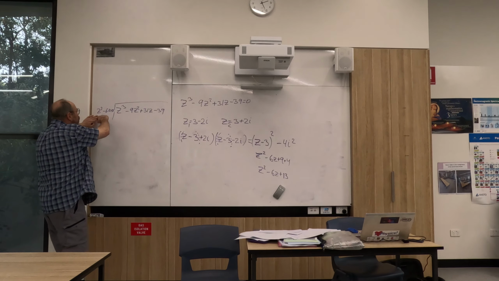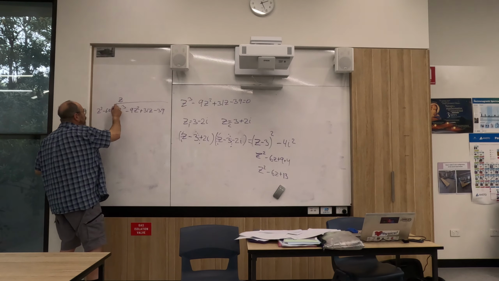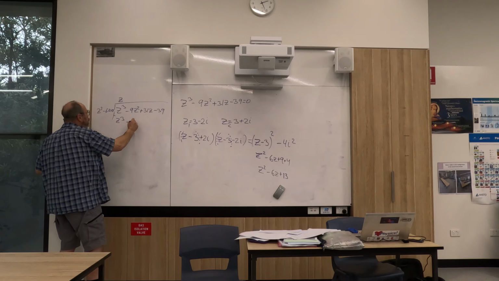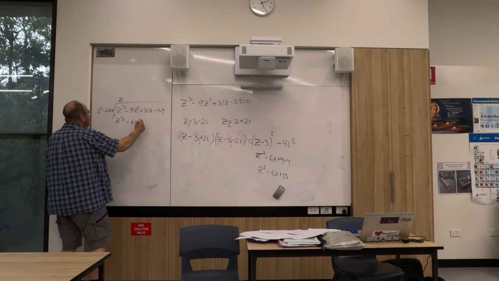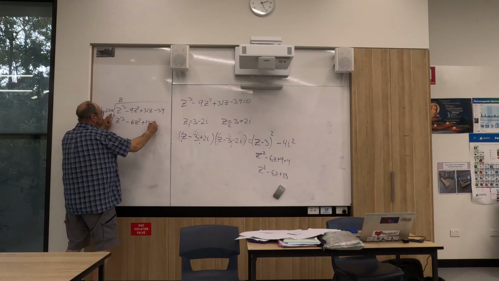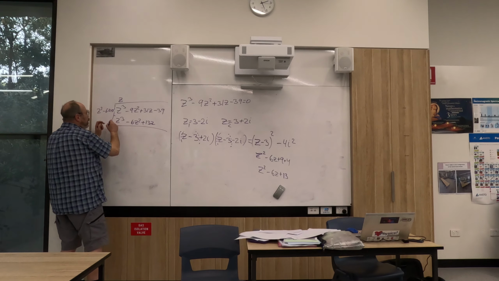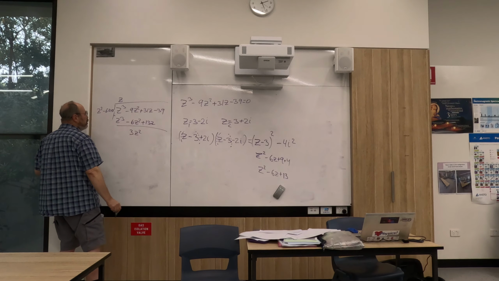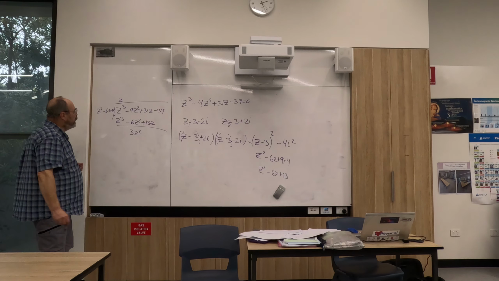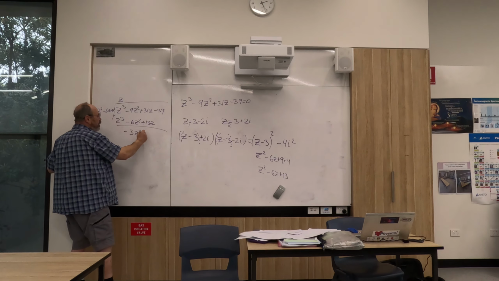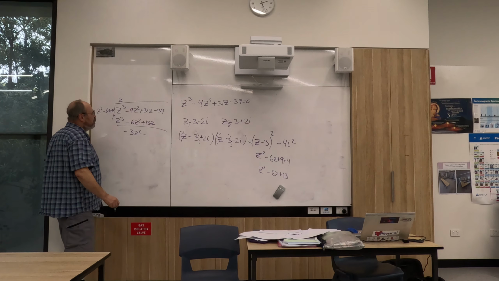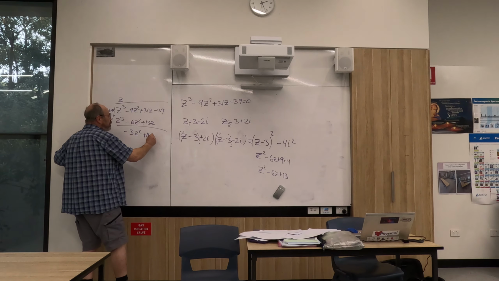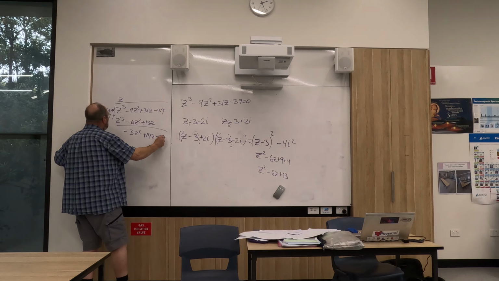z cubed over z squared is z, times z squared minus 6z plus 13 gives z cubed minus 6z squared plus 13z. We get minus 3z squared, then 31 minus 13 is 18z, minus 39.